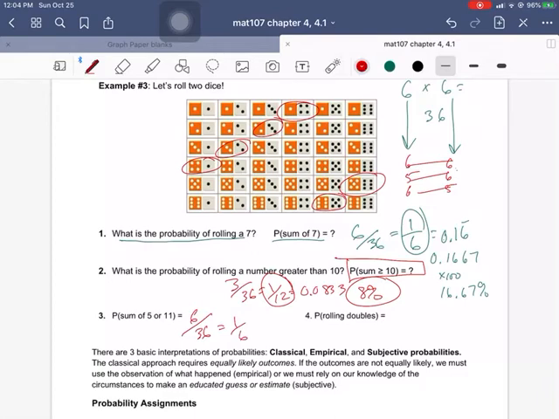How about rolling doubles? Rolling doubles, there's a double, double, double. If there's 6 sides, there's 6 different doubles. So 6 over 36, or 1/6.